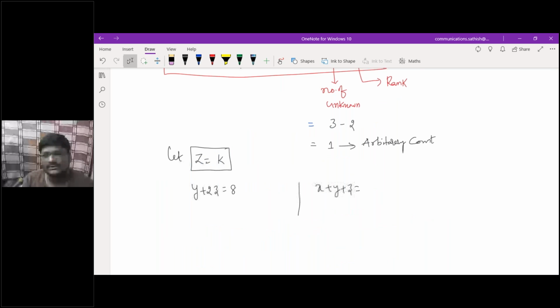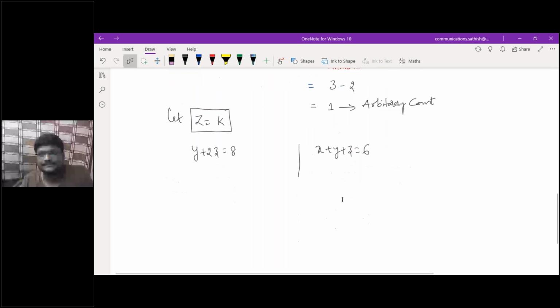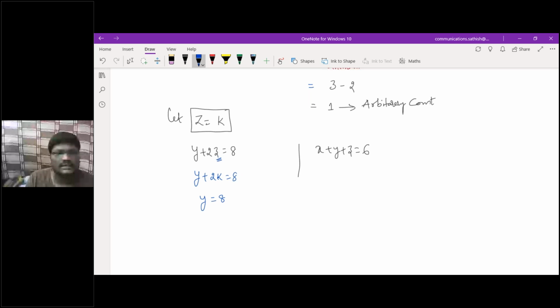Now substitute the value of z as k. I'll have y plus 2k is equal to 8, and y is equal to 8 minus 2k. Am I correct? Then similarly, substitute the y value and z value here.